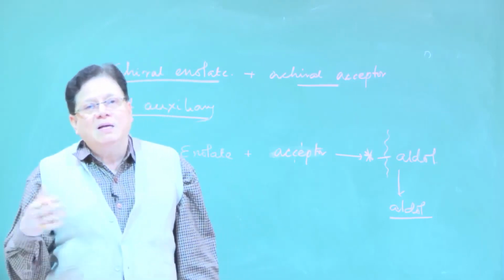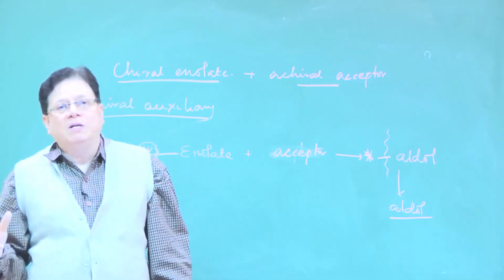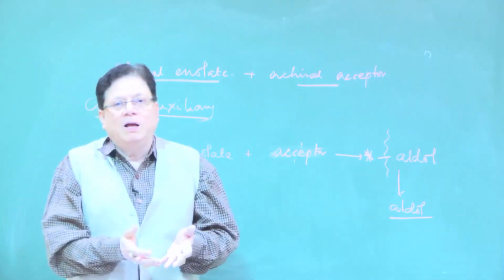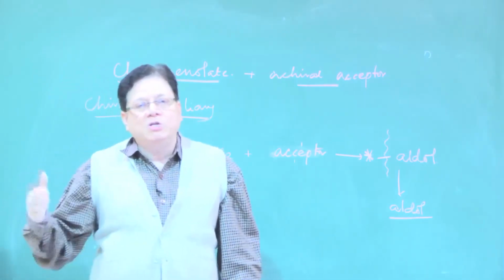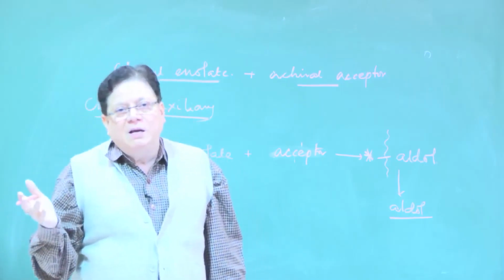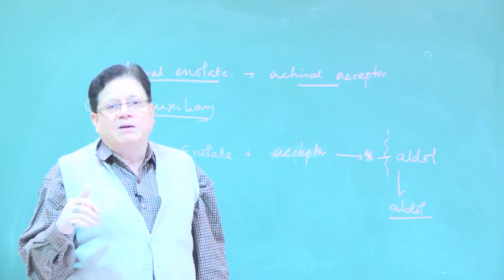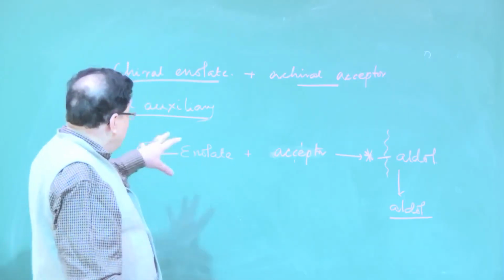Okay. There is another common approach for asymmetric synthesis called chiron approach. That means, you start with a chiral compound and then subsequently develop new stereogenic centers, but that chirality will be controlled by the existing chirality. Okay. So, that is what is called chiron approach, but here it is auxiliary based approach.